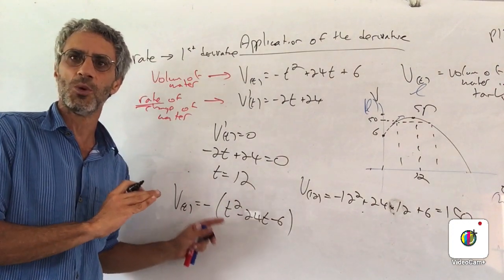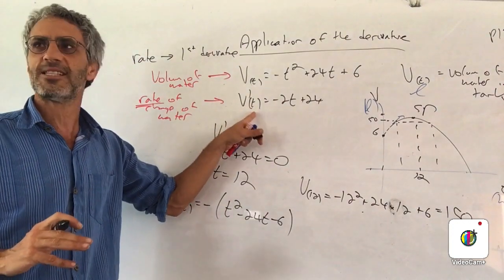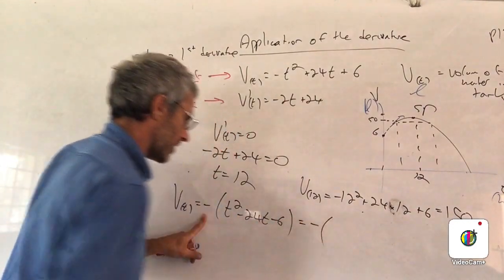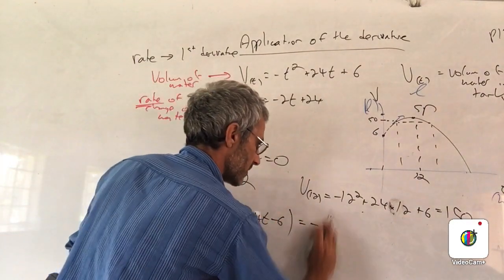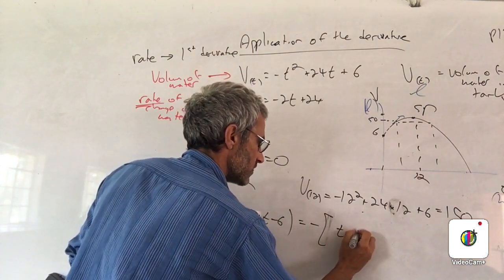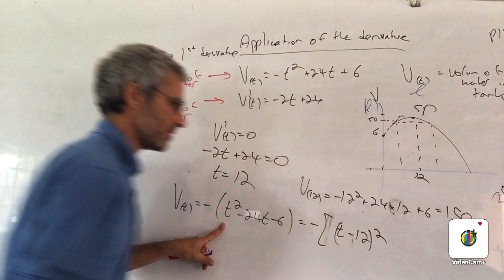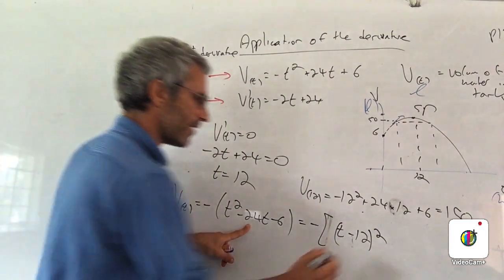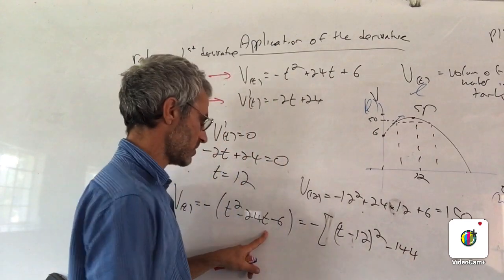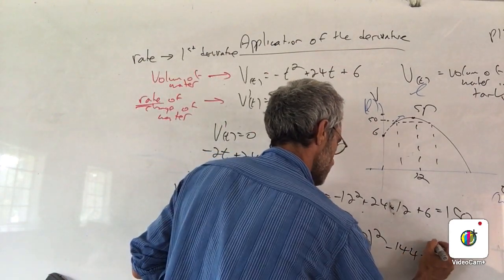I'm only showing you how amazing calculus is, because you see how long this takes. Then I'm going to put the minus here. Now I'm going to say, okay, this is t minus 12 squared, and then I have to subtract 144, which is 12 squared, and then minus 6.